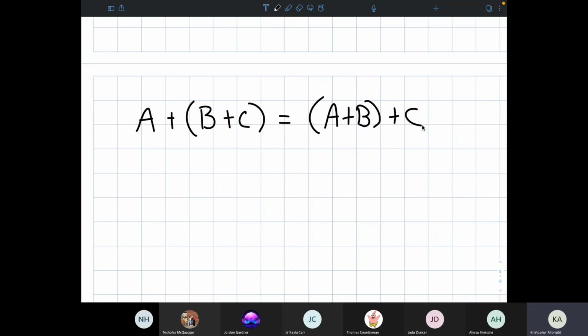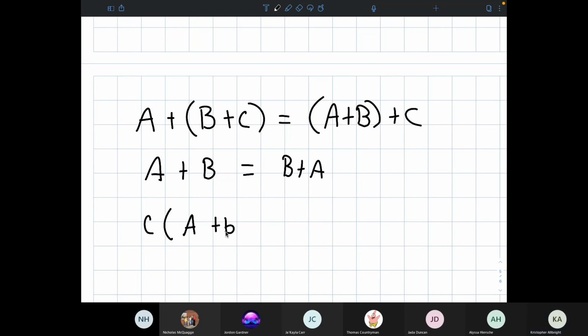That seems pretty obvious. This is called associativity, and it works with normal numbers as well, but it doesn't always work with everything. We can also switch the place, so B plus A, or switch the order. This is called commutativity.